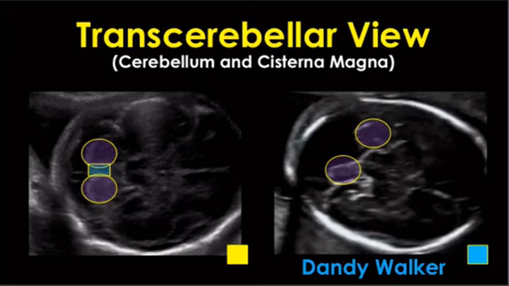The middle part of the dumbbell is missing, and more than that, also notice there's expansion of the cisterna magna.